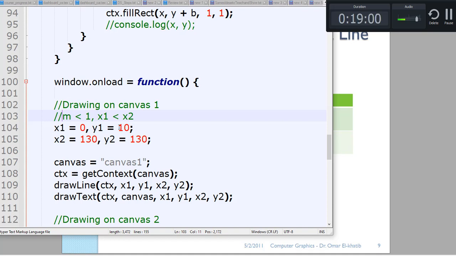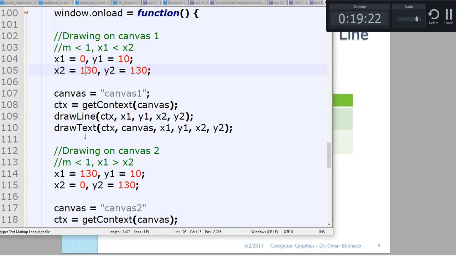We find the value of m for canvas 1. You can see that y2 minus y1 is 130 minus 10, which is 120, and x2 minus x1 is 130 minus 0, which is 130. So 120 divided by 130 is less than 1, about 0.9. We can change it, it's not a problem.